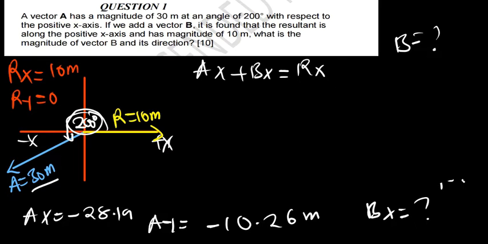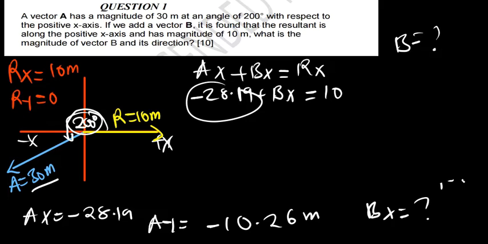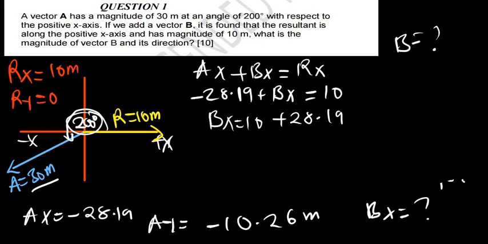We have ax, which is negative 28.19, but I don't know bx. Our goal is to find the magnitude of b. We have rx, which is 10. Shift this to the other side, and you remain with bx equal to 10 plus 28.19.